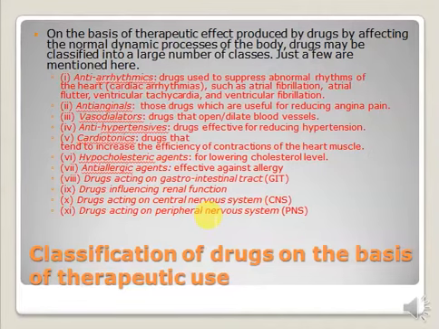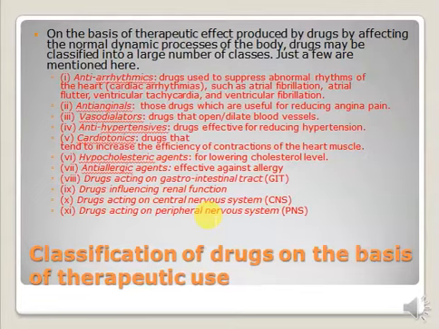So the difference between the central nervous system and the peripheral nervous system is that the central nervous system only consists of your brain and the spinal cord, right? So the drugs that will act on either the brain or the spinal cord are known as drugs acting on the CNS, or central nervous system, while the peripheral nervous system means the nerves that originate from the spinal cord, right?